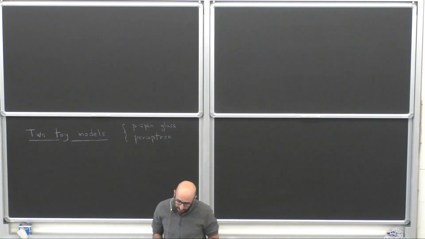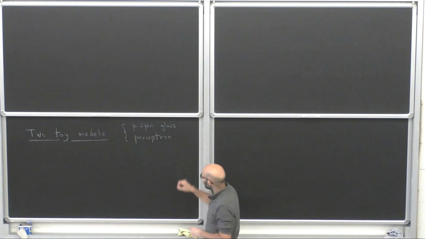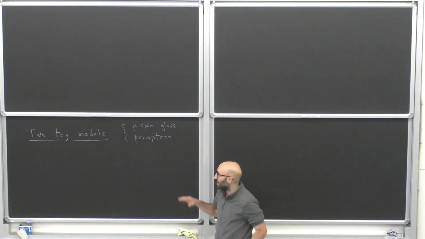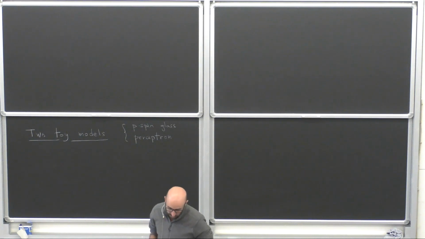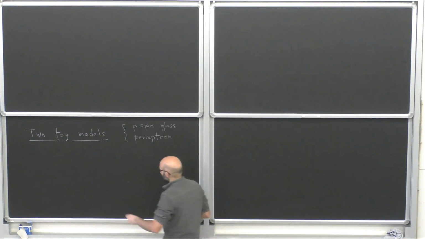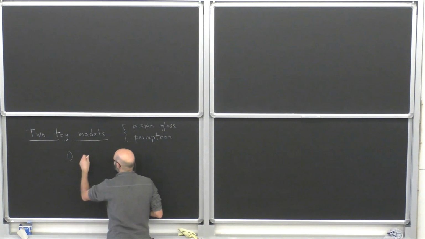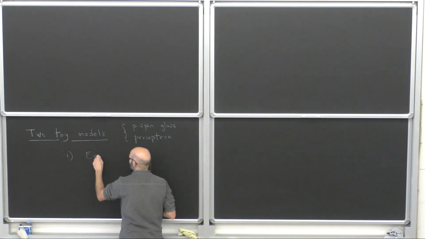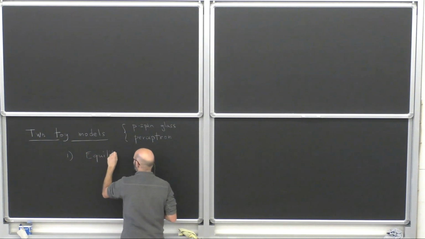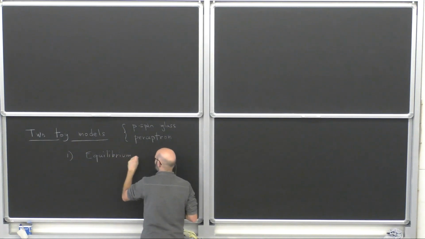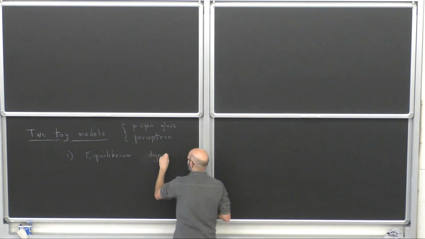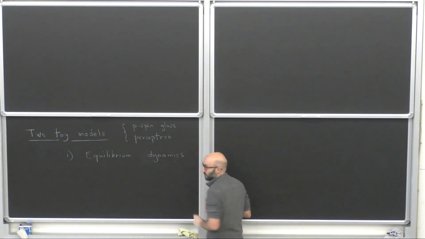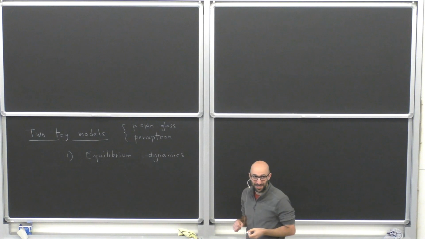So these are the models, and what I want to discuss are three kinds of dynamics in these models. The first one is the equilibrium dynamics. We are all statistical physicists, I guess.